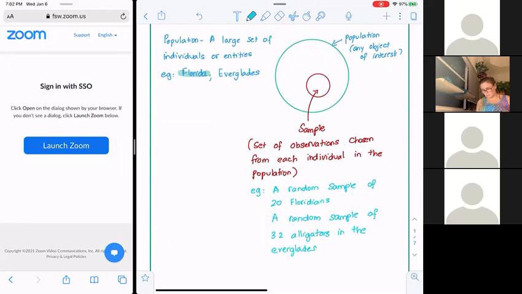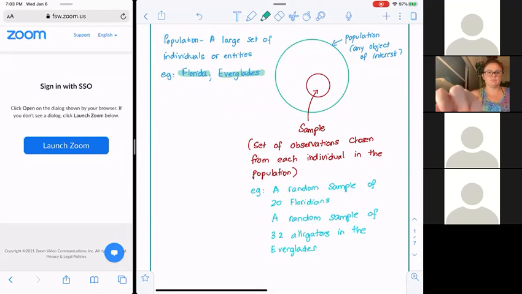So that is also a random sample because we're observing 32 alligators, and they are chosen from the Everglades because we are interested in the Everglades. So that is our population.